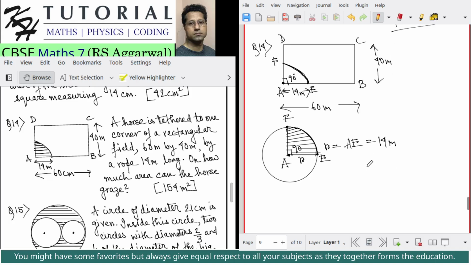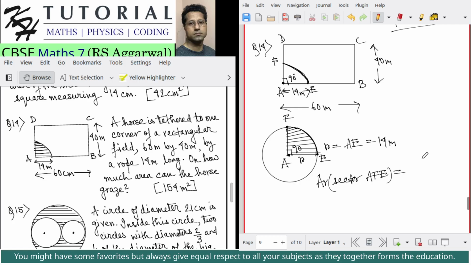Now you can see that the sector is making an angle of 90 degree at the center of the circle. So the area of sector AFE: we know that if the central angle of a sector is 90 degree, then its area will be equal to 1/4 the area of the whole circle.